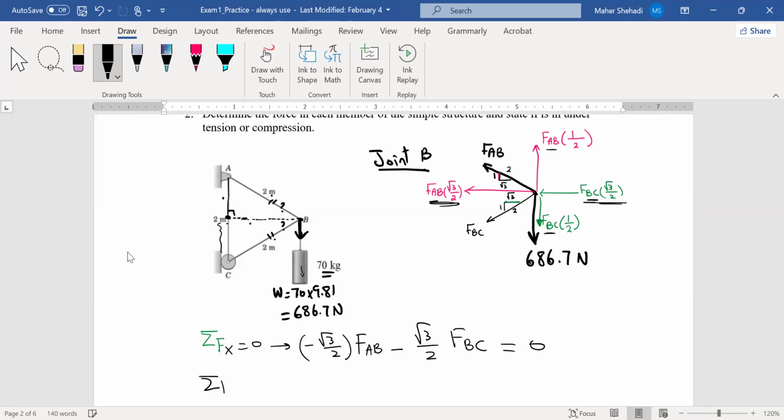Then we'll do the y. So I have FAB 1 over 2, this one, FAB minus half FBC minus, don't forget this force, 686.7 equals 0.